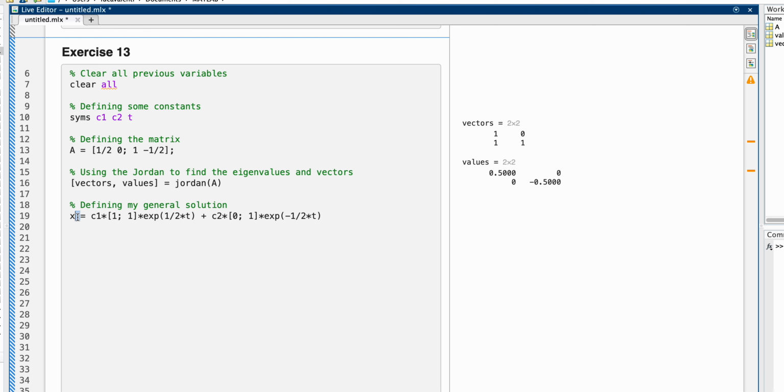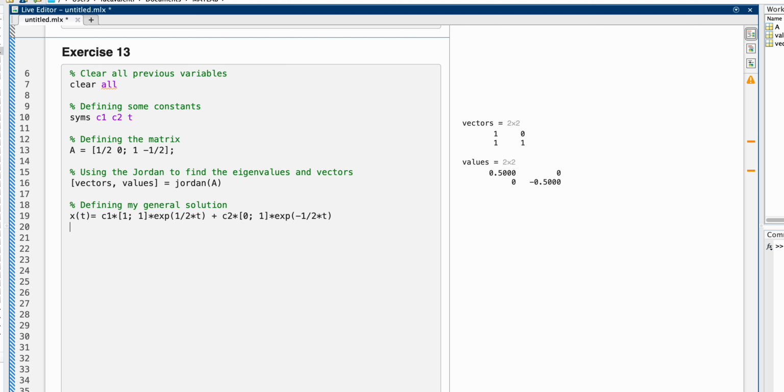Now let's say that this is a function of t, and I get that x of 0 is equal to 3 and 5. How can I put that into Matlab?